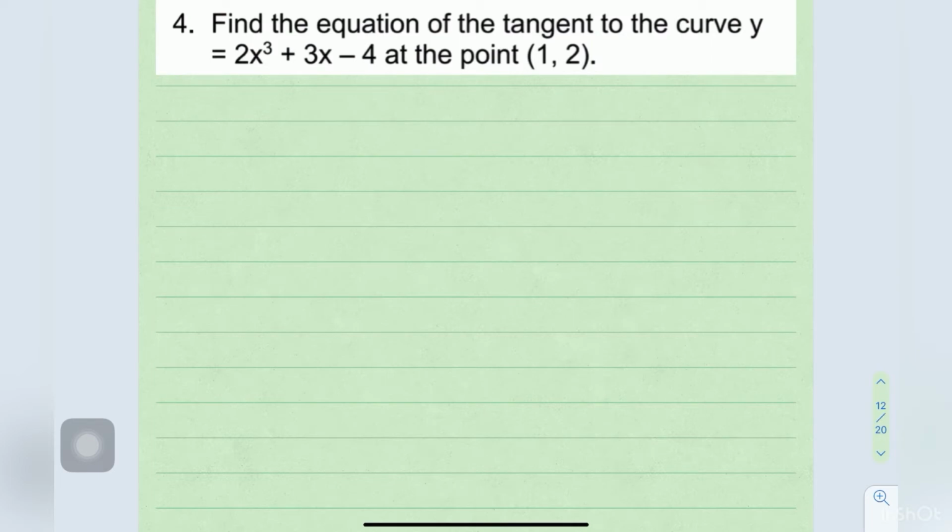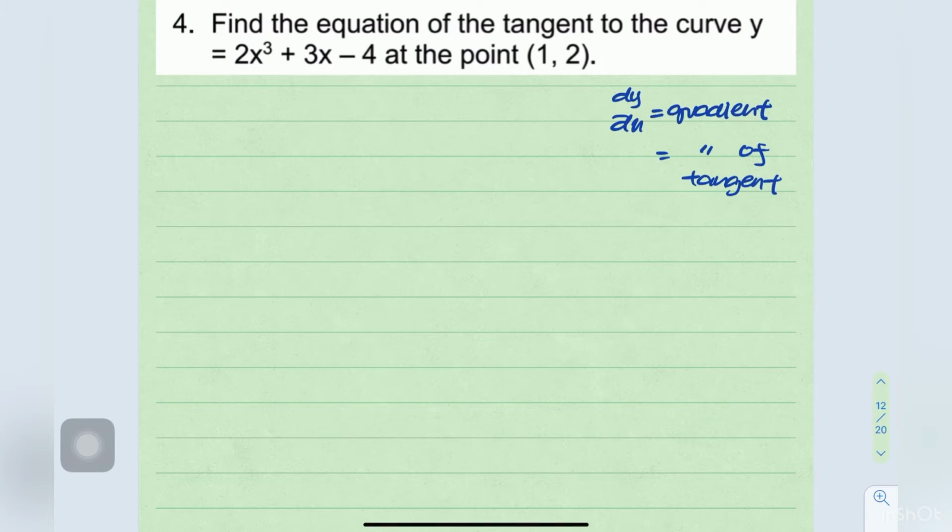Previously we already knew that dy/dx is the gradient, and dy/dx is the gradient of the tangent.